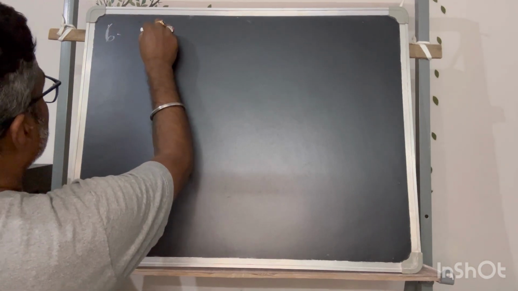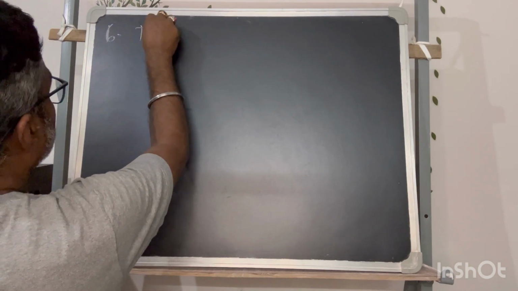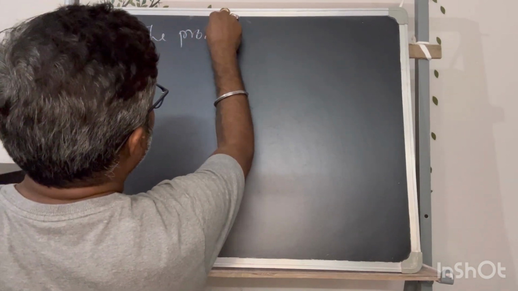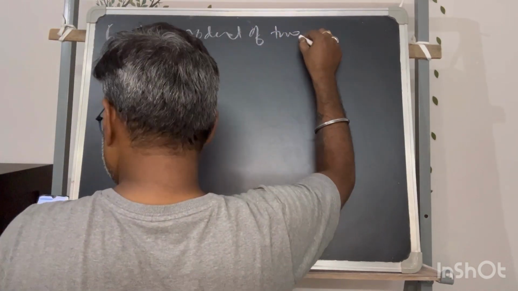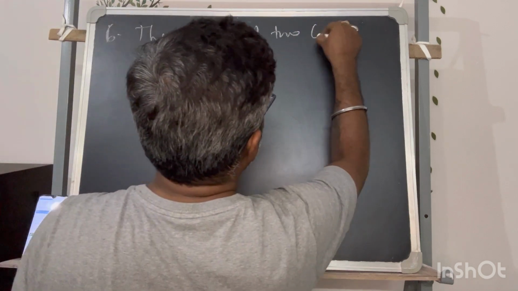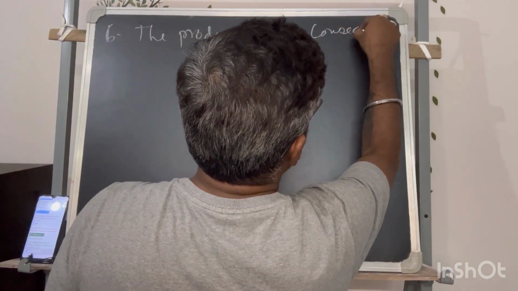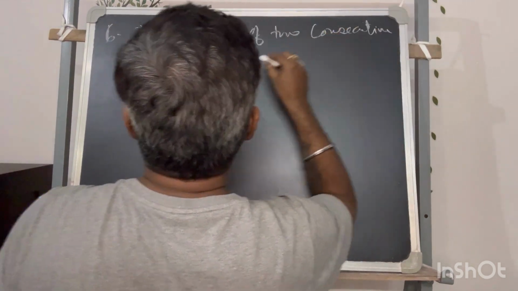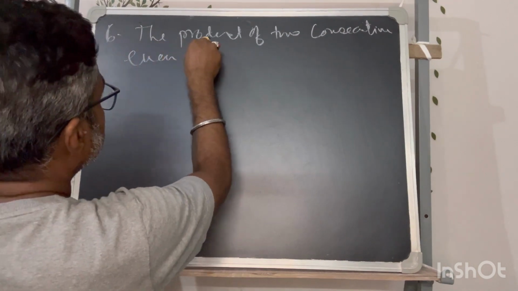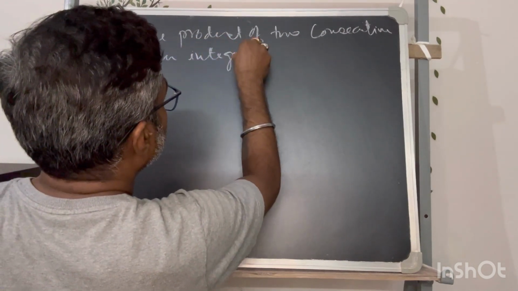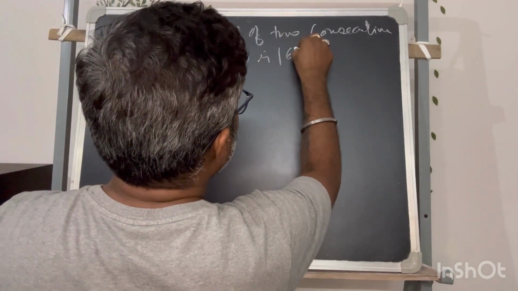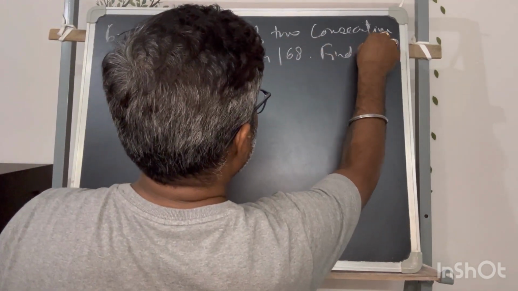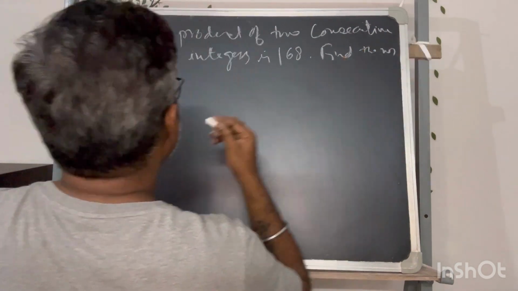The product of two consecutive even integers is 168. Find the numbers basically.